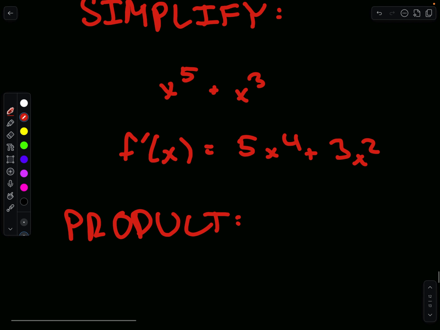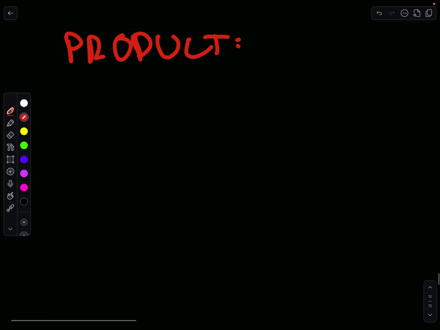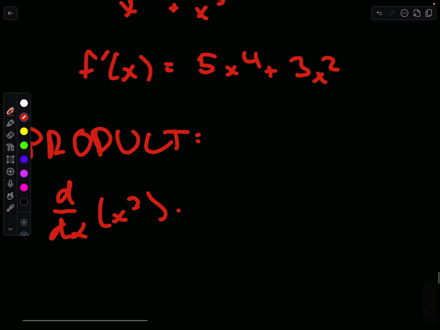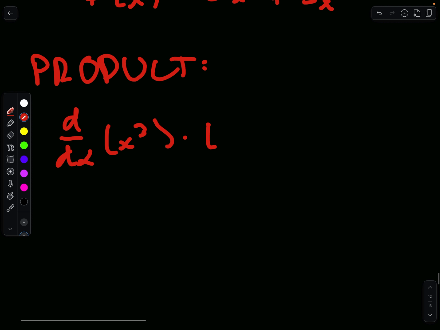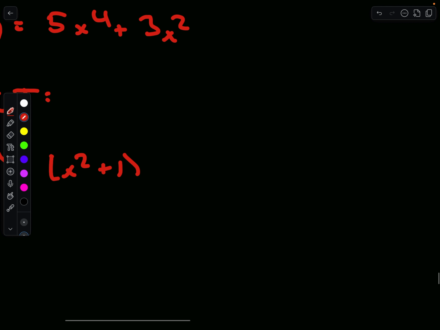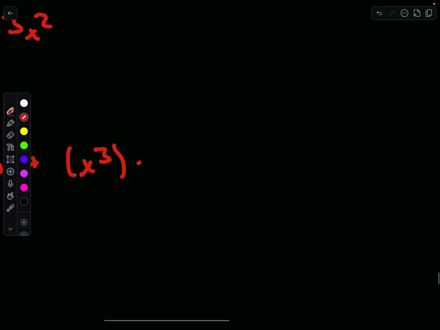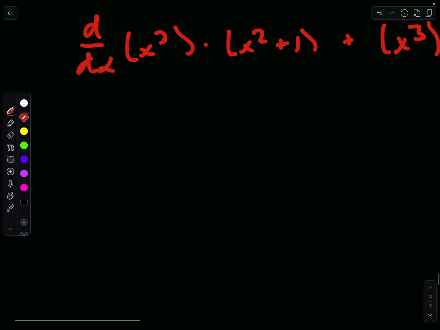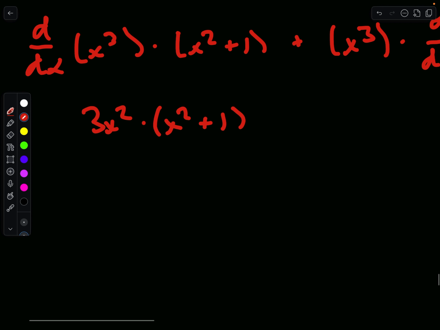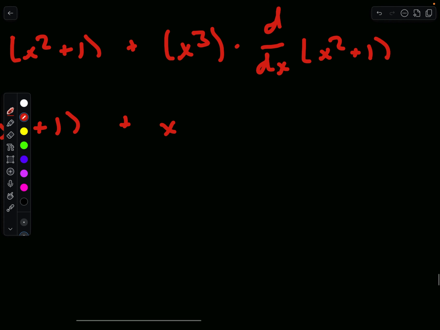we get d/dx of x cubed times (x squared plus 1) plus x cubed times d/dx of (x squared plus 1). This gives 3x squared times (x squared plus 1) plus x cubed times 2x.